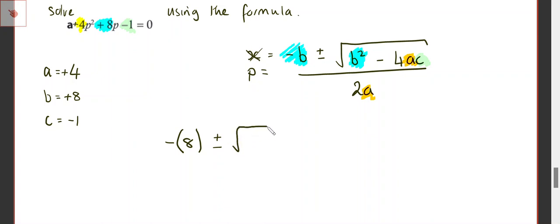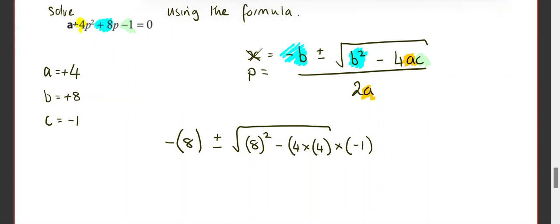The square root. Plus and minus, I'll explain it in a bit. It'll make sense in a second. B squared is then 8 squared, and we minus 4 times whatever A is, so 4, times whatever C is, and C is -1.